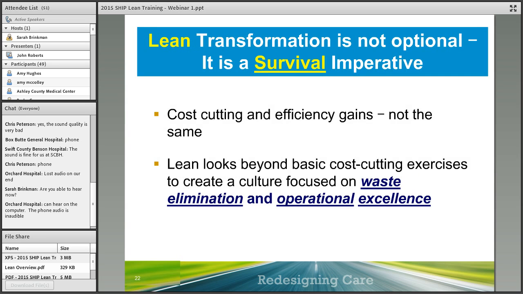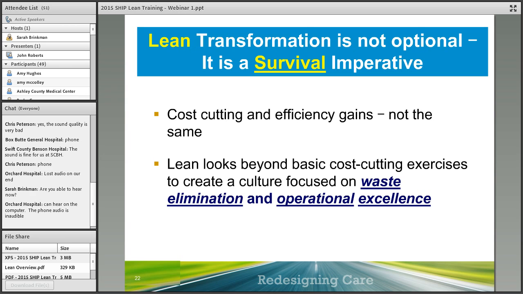I honestly believe that lean and lean thinking is really not optional for many of our providers. It's an imperative that we move in this direction to gain efficiencies in the system and to position ourselves to be successful in the redesign of the healthcare system.